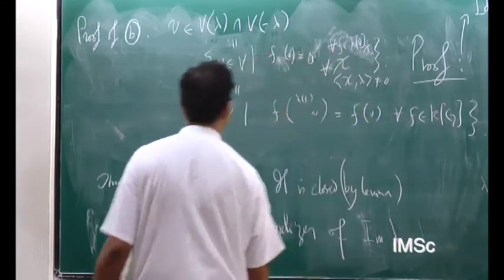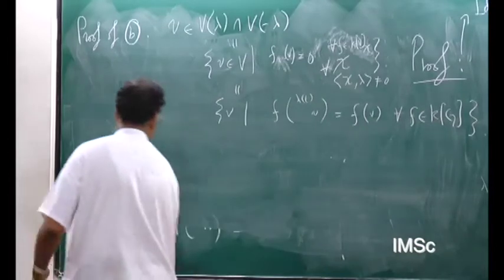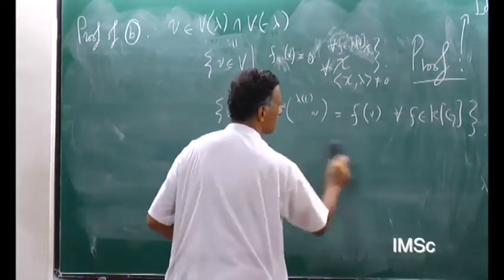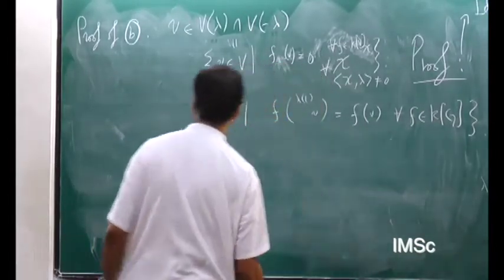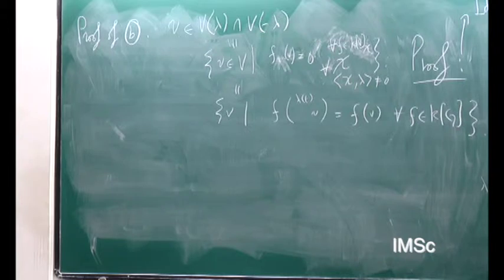Okay, so here is the idea. So now I finally got it. So let's look at the idea of the proof. If something belongs here, I want to show it has this property. Right? This is what we want to show.